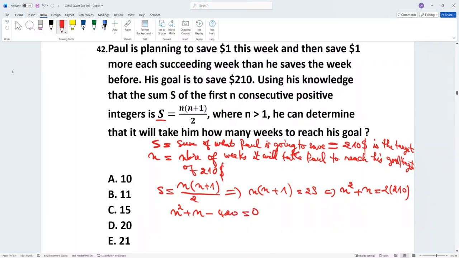Now we need to find the value of n. This is a quadratic equation. So let's find the value of n.